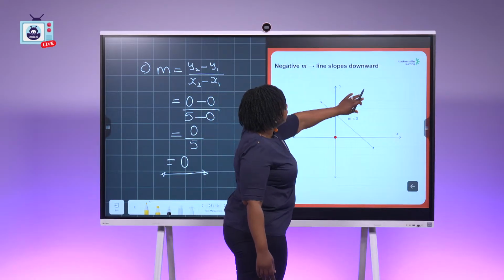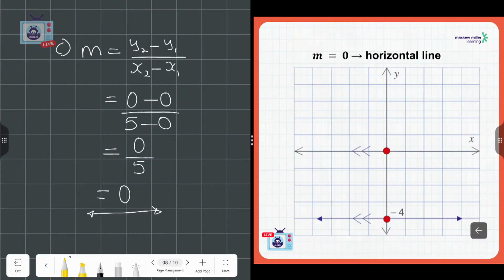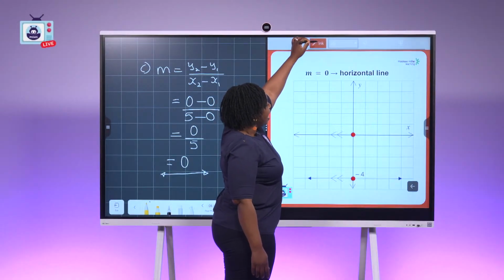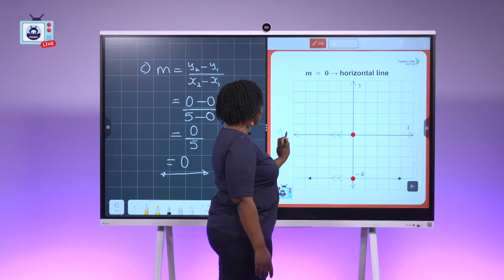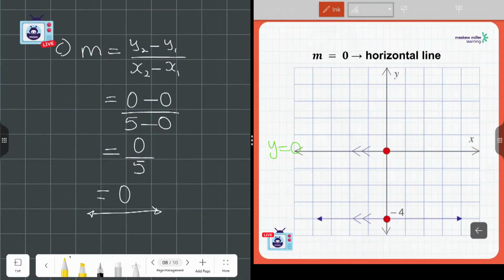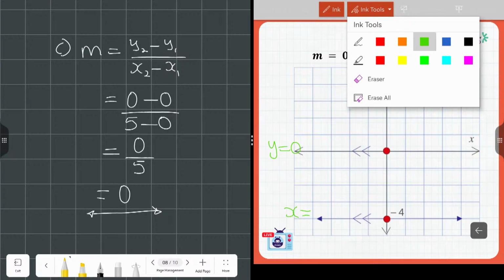Then we have the slope where m or gradient equals 0. If your gradient is equal to 0, that simply means that you have a horizontal line that is parallel to your x-axis. Remember, this x-axis is our line y equals 0, which we will use quite a lot when we are drawing the graphs, and we did it in the first lesson as well to see how parallel lines look. So this equation that we have here is y equals a negative 4, so that's a y equation.